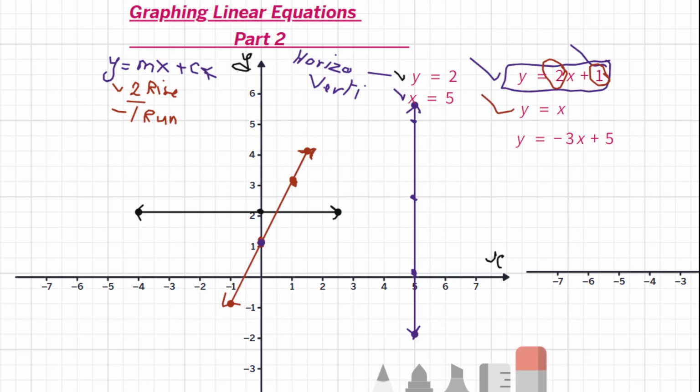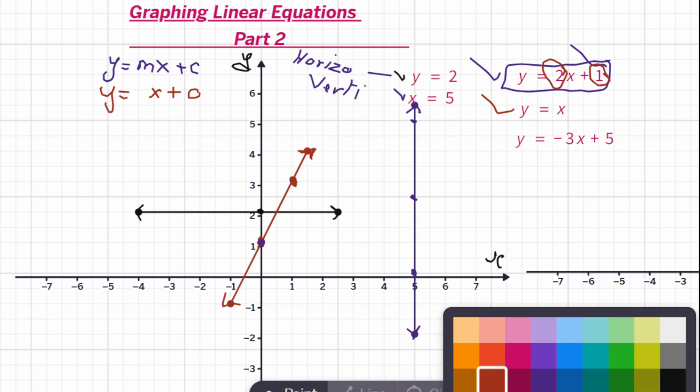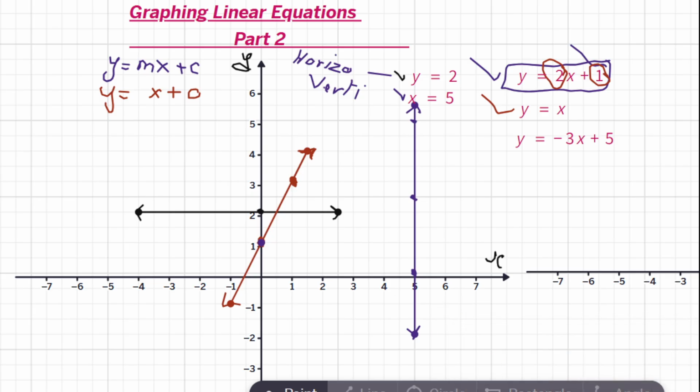Now, if we would like to compare this to y equal mx plus c here, y equal x, we will notice there is no c, so it's actually y equal x plus 0. So the y-intercept is 0. This is where our line will start, at the origin. I marked it, have you noticed?